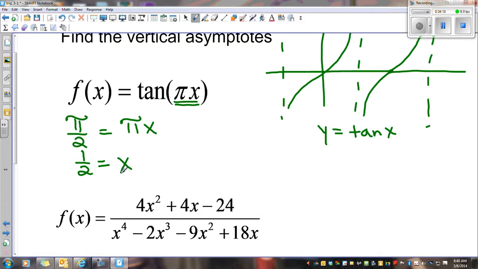You have to add pi. This guy was pi over 2. What was this? 0. What's this guy? 3 pi over 2. So how much am I going to have to add to this to get there?